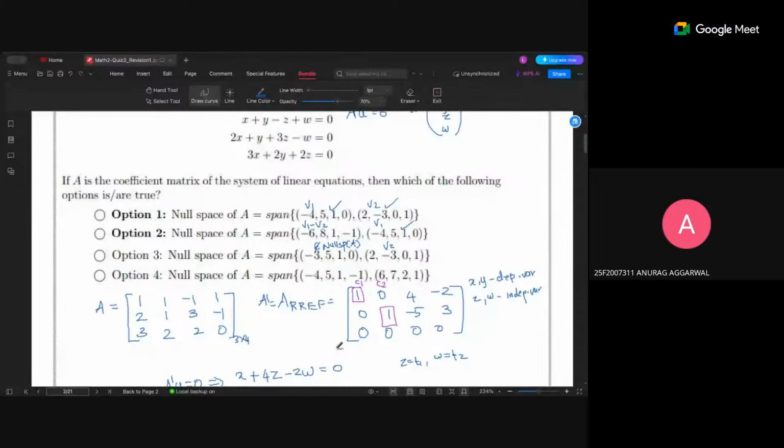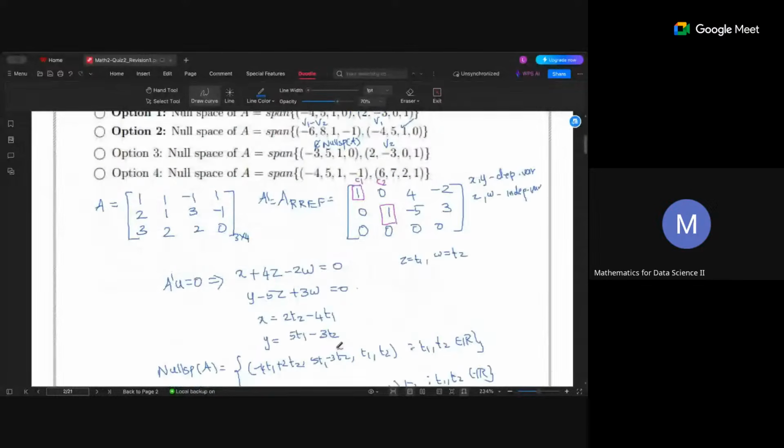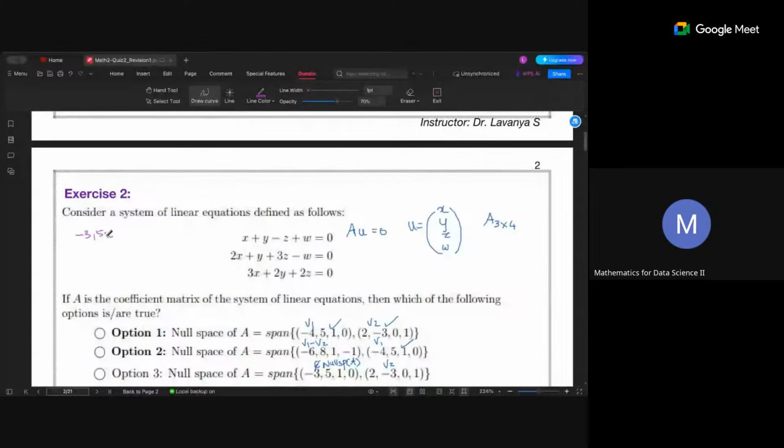Ma'am, can you repeat this method of putting? See, whatever vector you are having here. So here the vector is -3, 5, 1, 0, right? First of all, is it there in the null space or not? You have to check. So here you put -3 plus 5 minus 1 plus 0. So what is the answer you are getting? This is not 0.